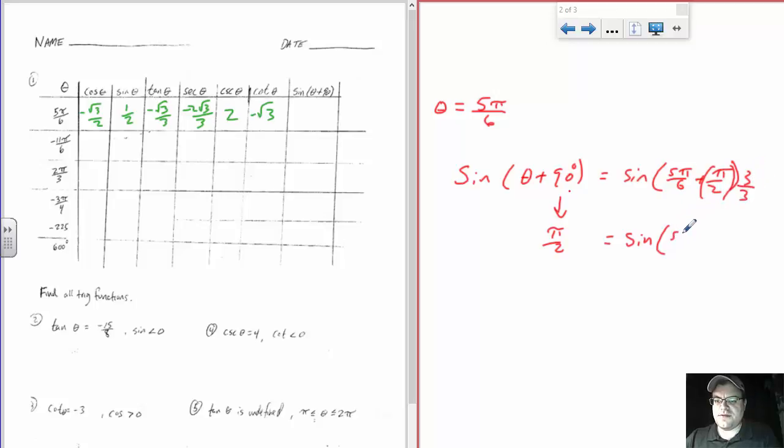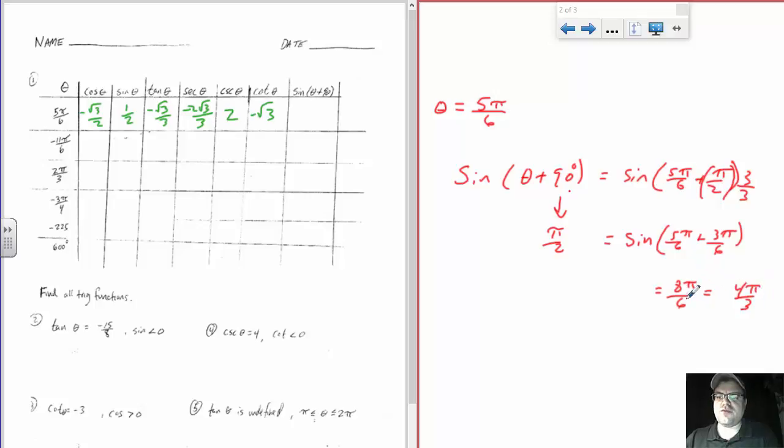This is going to give me 5 pi over 6 plus 3 pi over 6, because 2 times 3 is 6. Now I have a common denominator, so 5 plus 3 is a total of 8 pi over 6, which will reduce to 4 pi over 3.